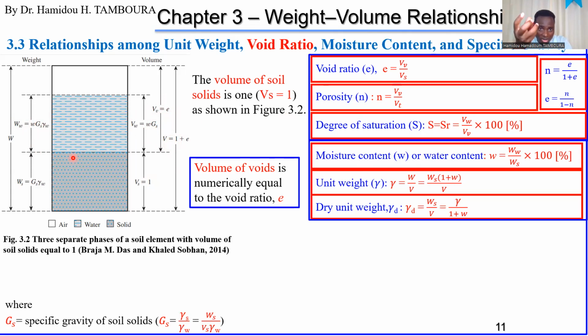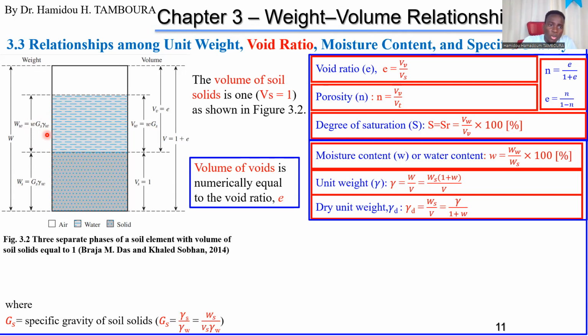Okay, weight divided by unit weight, you obtain volume, because the weight will be in kilonewton. Unit weight is kilonewton per cubic meter, for example. So if you divide weight by unit weight, you will get volume. Do you understand that?